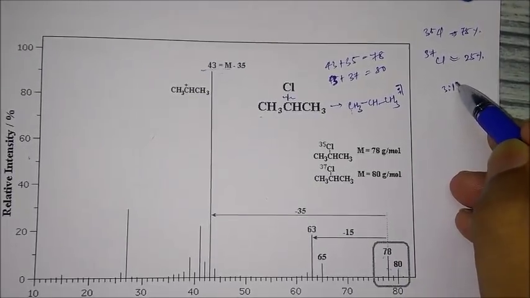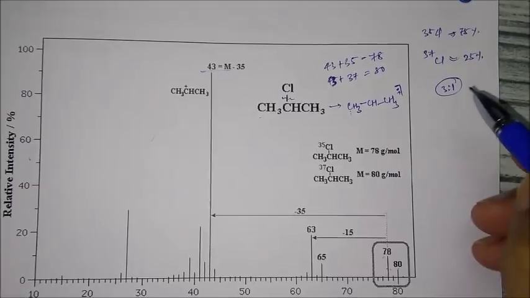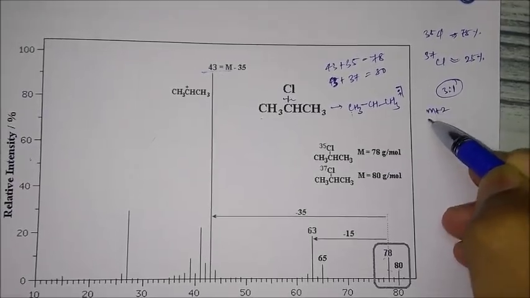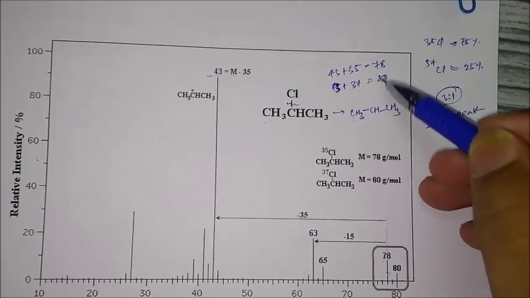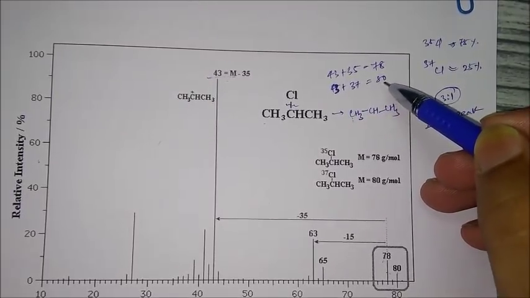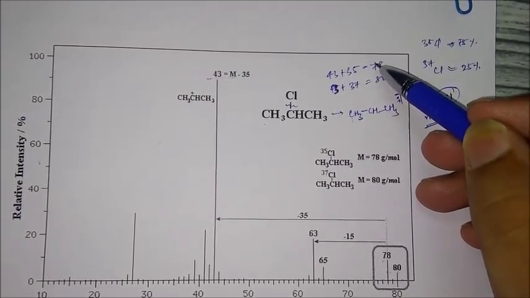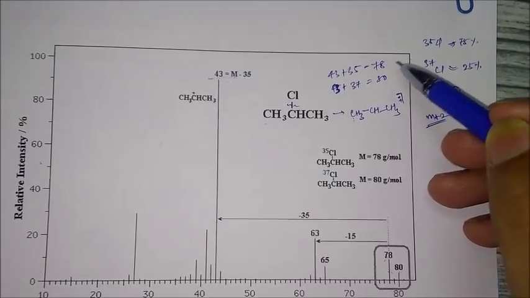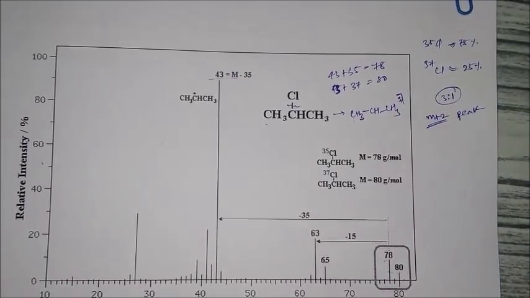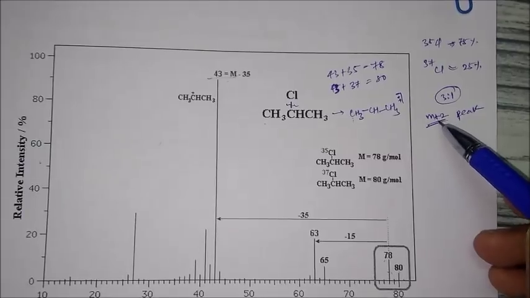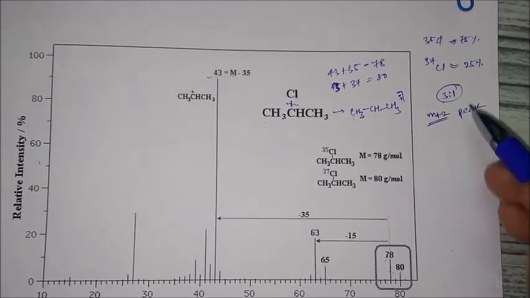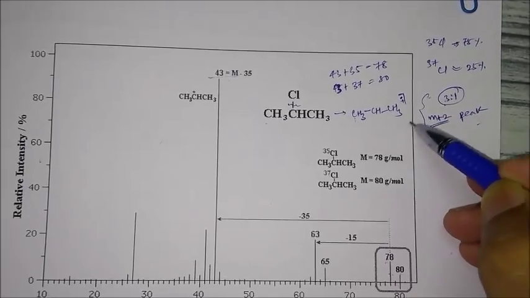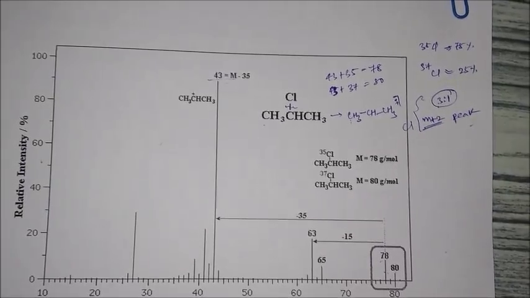If you are getting an m plus 2 peak, like here where you get the 78 molecular peak and also 80, that means m is the molecular peak and m plus 2 is a peak 2 more than the molecular peak. If the intensity of those peaks is 3:1, then it is confirmed that the compound contains at least one chlorine.